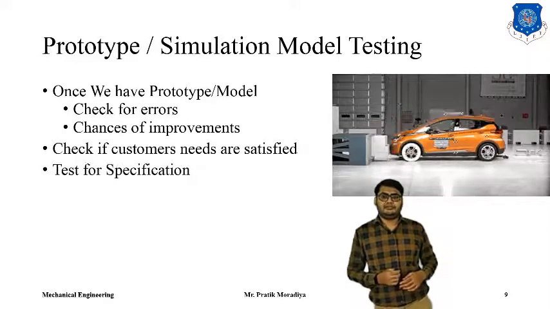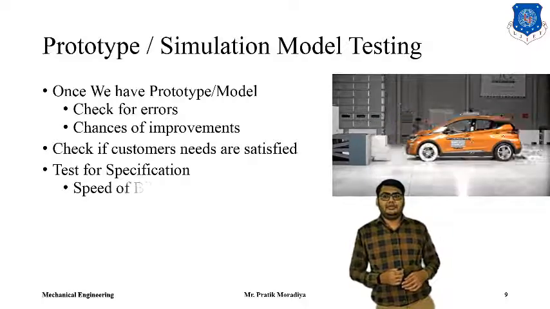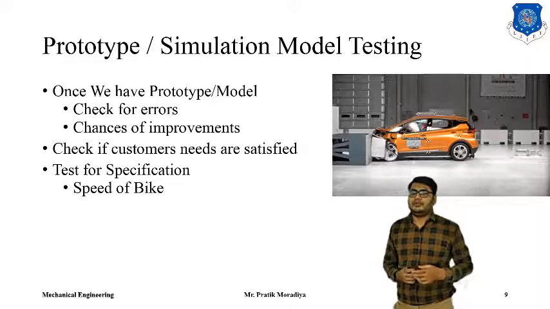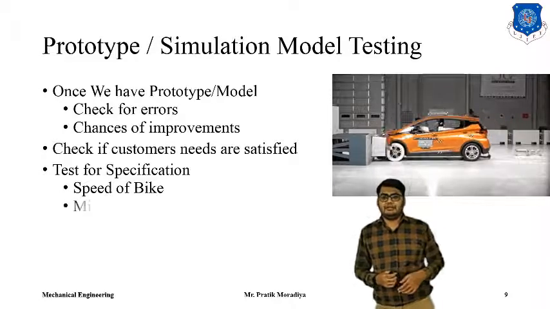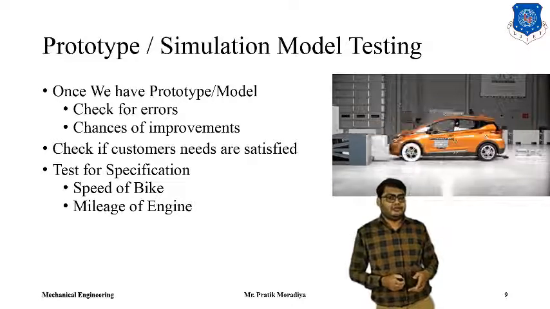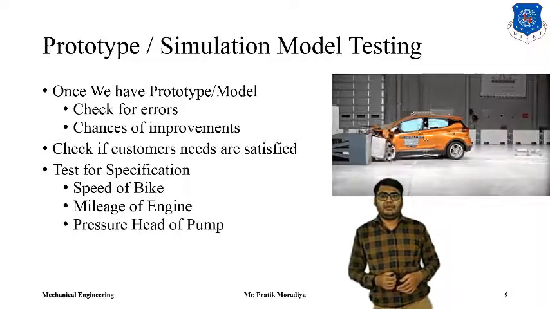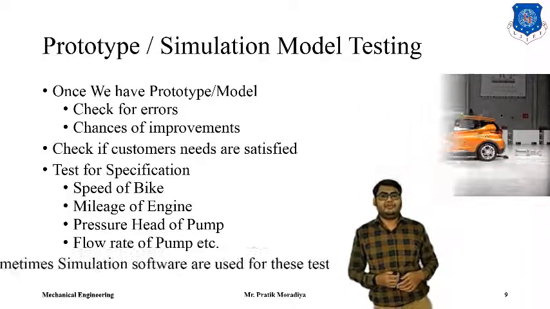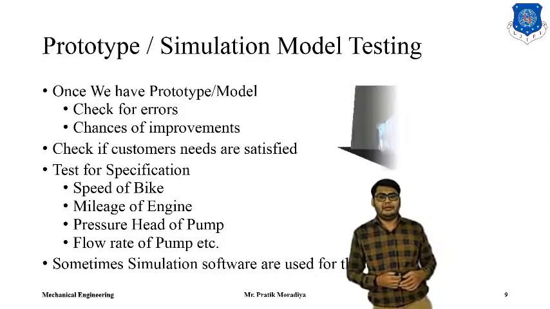So instead, what we can do is test for specifications like speed of bike, mileage of engine, pressure head of pump, flow rate, etc. There will be so many specifications available.